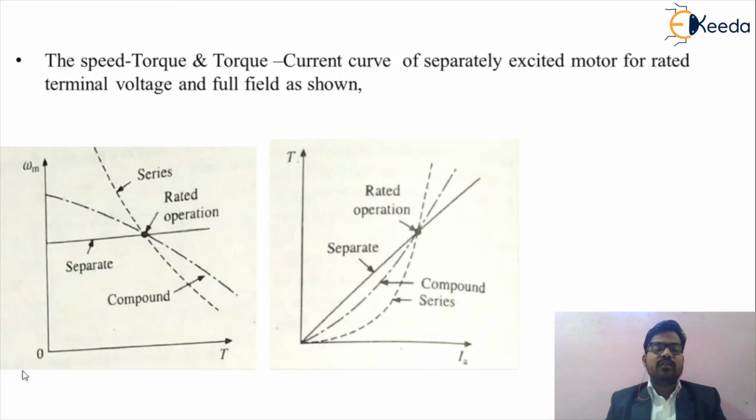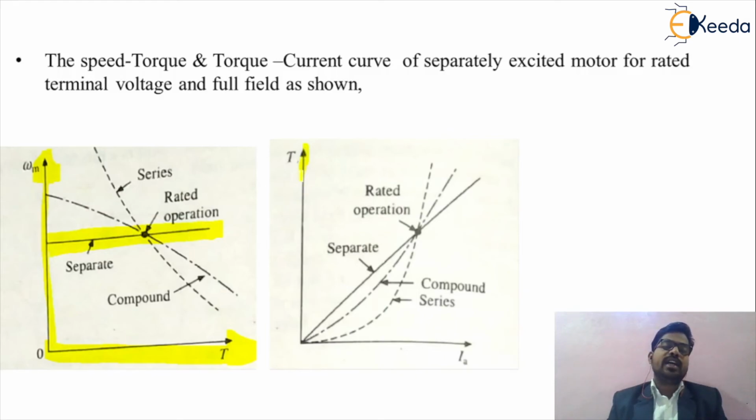So friends, we can start to understand the speed, torque and torque-current curves for your separately excited motor at a rated terminal voltage and full field, as shown. This is the speed torque characteristic of your DC separately excited motor, shown by this line.